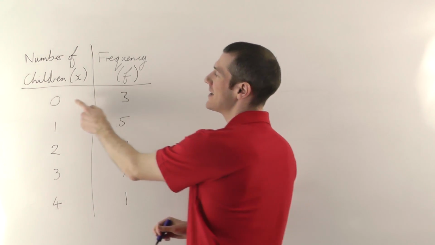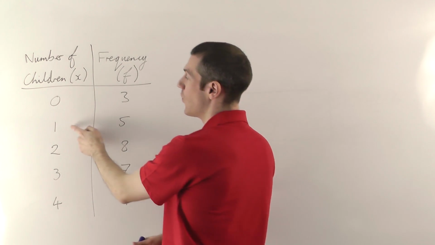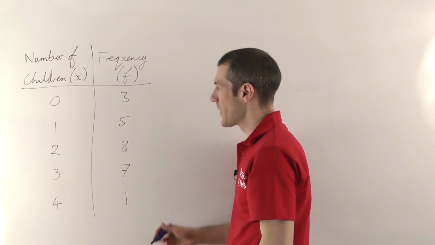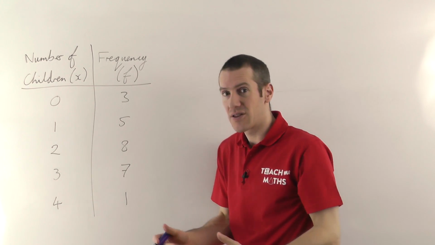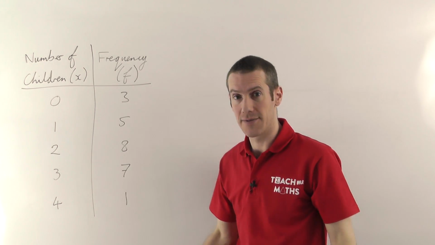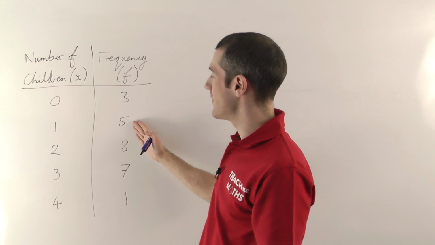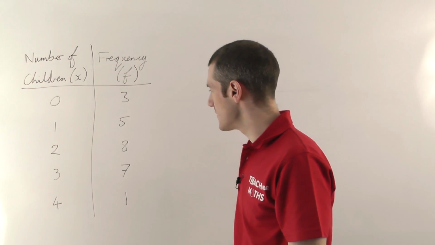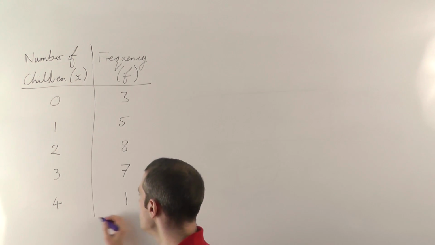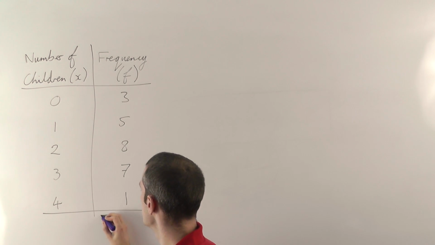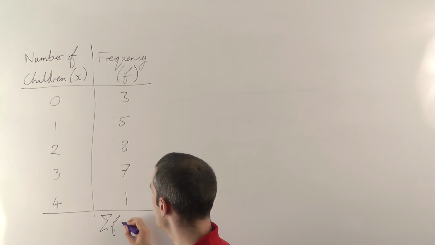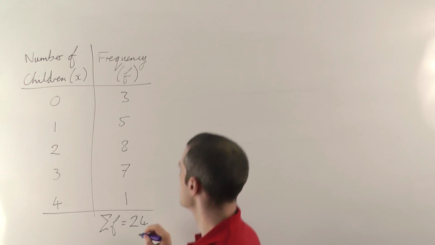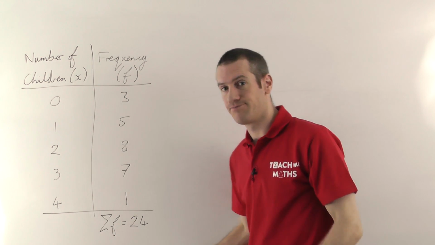If there are 3 zeros in the list, 5 ones in the list, 8 twos in the list, etc., then add up all the frequencies, you'll get the total number of all the numbers in the list. So again, 3 plus 5 is 8, plus 8 gives you 16, plus 7 is 23, and another one makes 24. So the sum, we use the sigma again to represent this, the sum of all the F numbers, the sum of all the frequencies is 24.